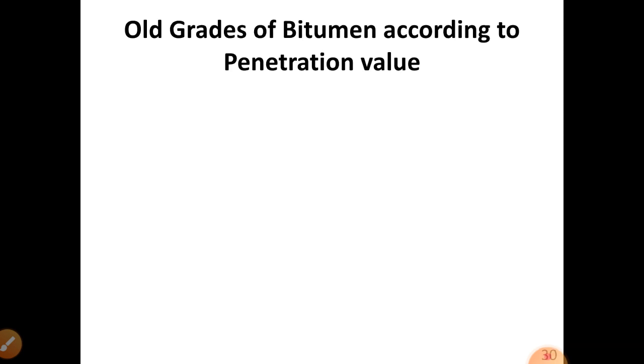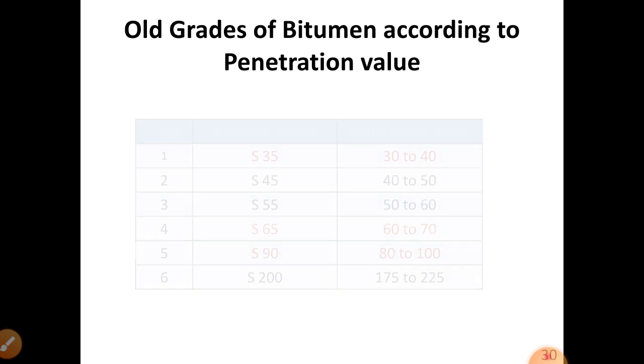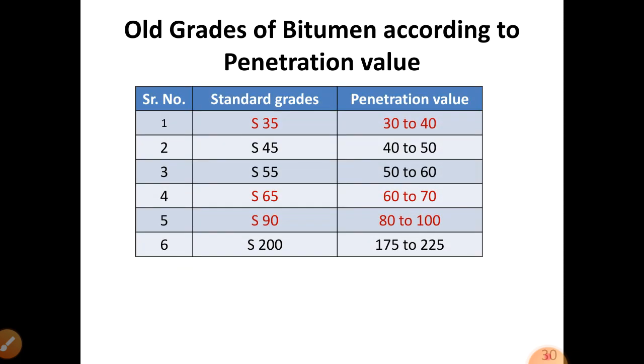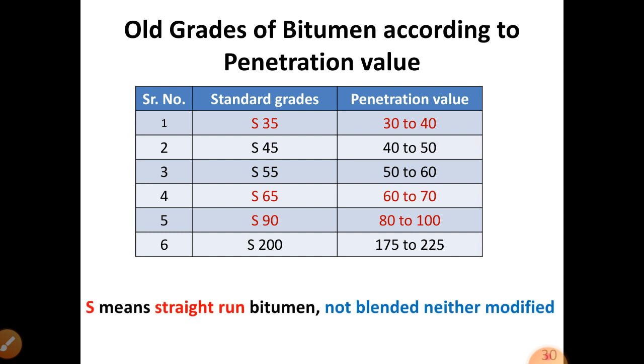Old grades of bitumen according to penetration value, 6 grades are shown: S35, S45, S55, S65, S90 and S200. For S35, penetration value is 30 to 40. S means straight run bitumen, not blended, neither modified.